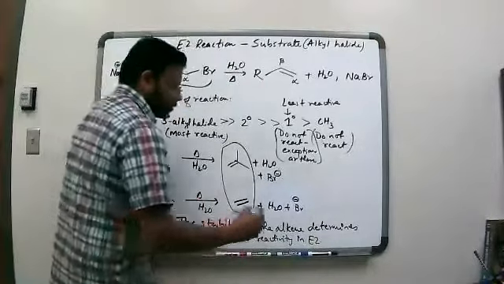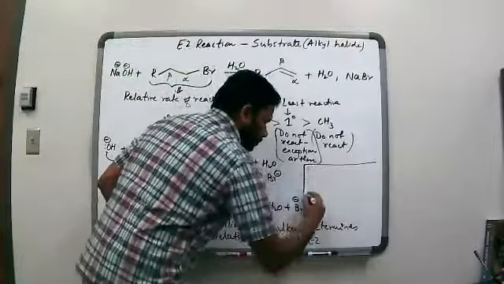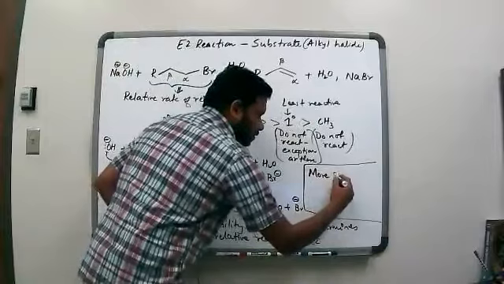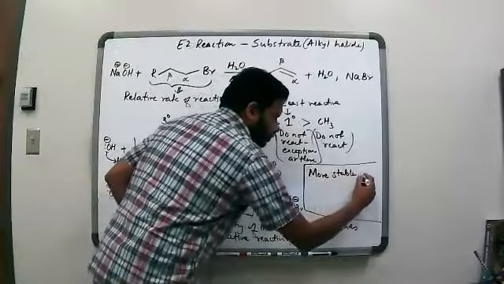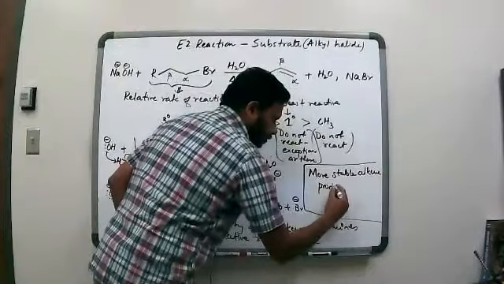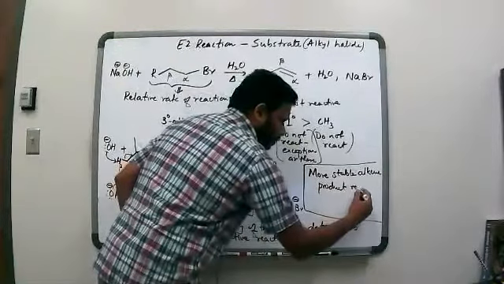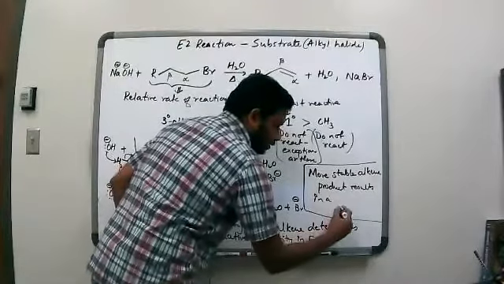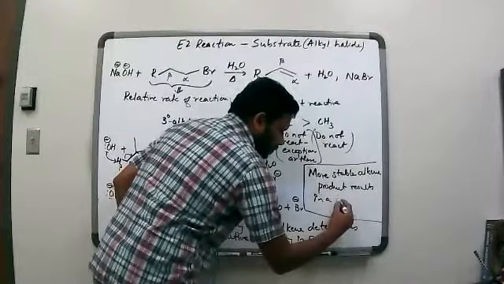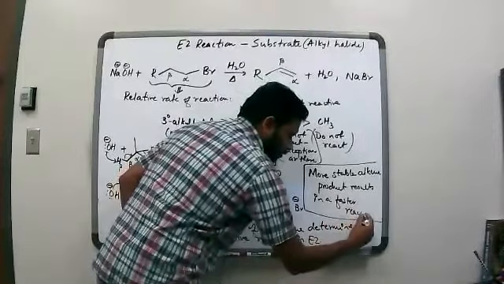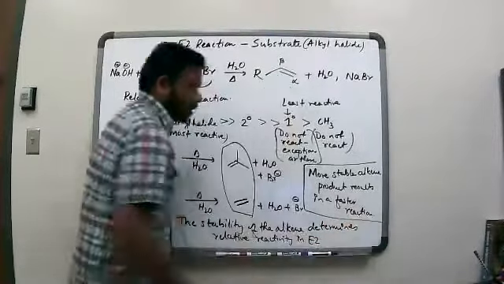Okay, for lack of space, I'm going to write it here. A more stable alkene product results in a faster reaction.